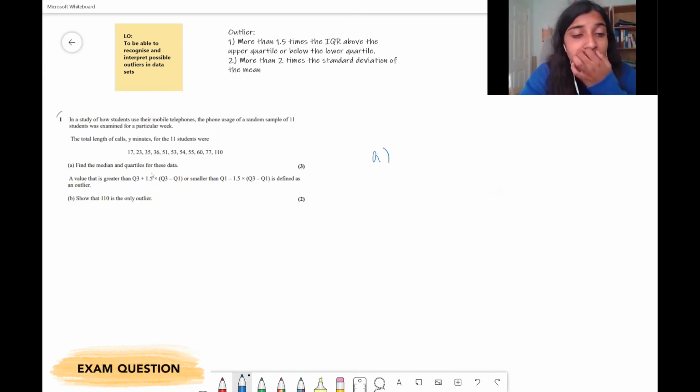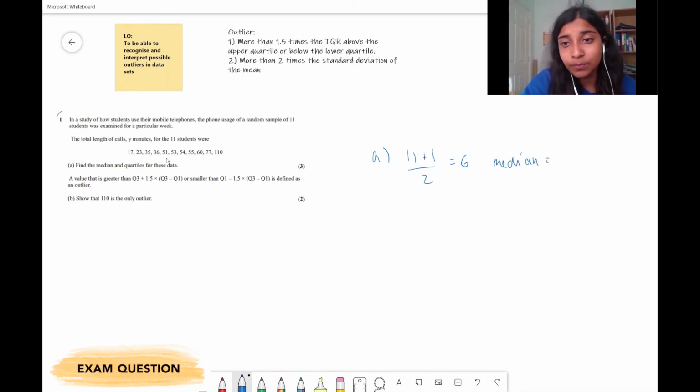To find the median, we first find its position: 11 plus 1 over 2, which is 6. So we want the sixth value in our sequence, which is in order already: 1, 2, 3, 4, 5, 6. So our median is 53.